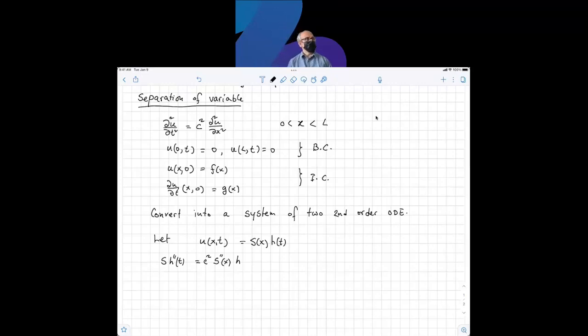Yes, c square is there because you plug into the equation and then you have the c square. Okay, so then you take c square 1 by h double prime t to the left hand side and 1 by s double prime x on the right hand side.